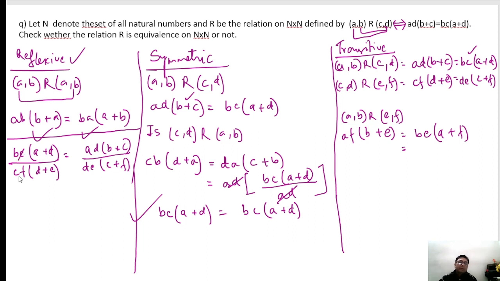We are cutting the C, we are cutting the D. Okay, so what we are now getting? B plus A plus F, BE, we have to get BE.